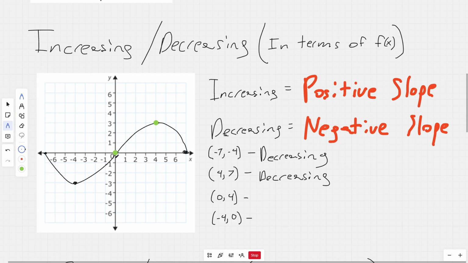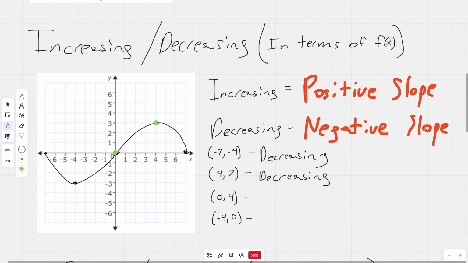So 0, 4, we're going up. Even though our ROC is decreasing, even though we're concave down, as you go right, y goes up. That's all that matters in terms of f of x. When f of x is increasing, you go right, y goes up. Right?